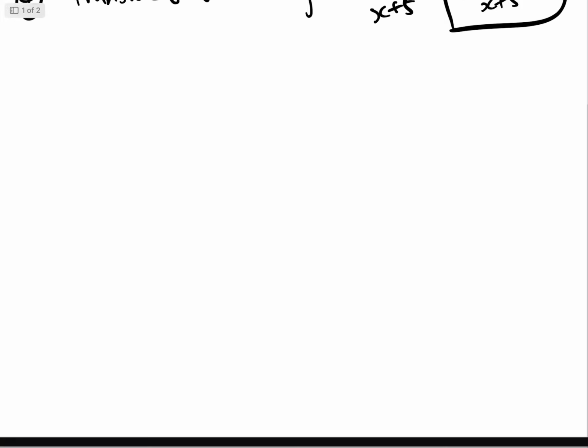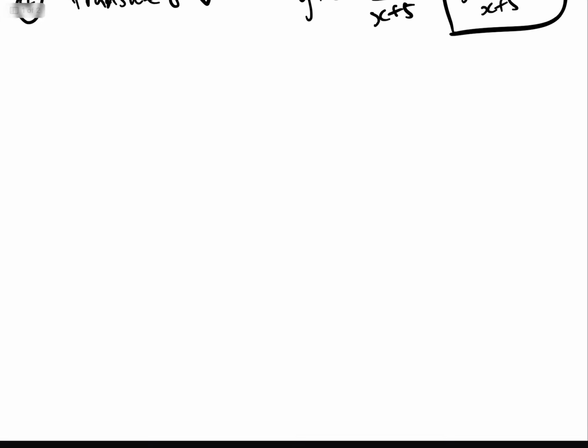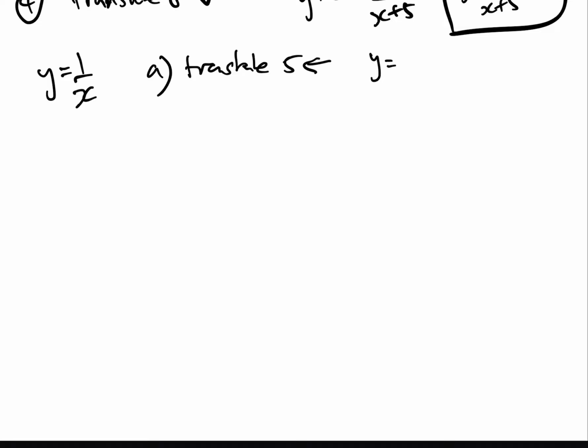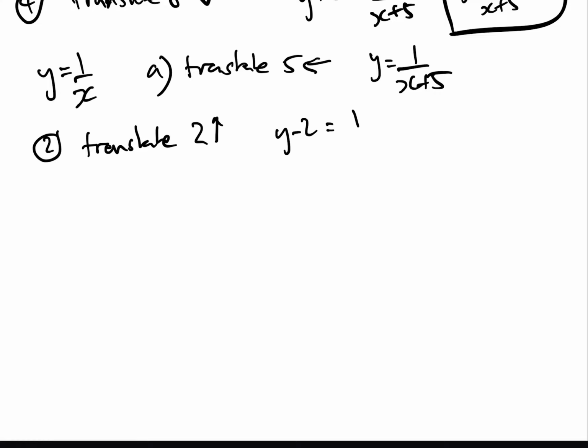So let's have another look here, get a bit of clear space. Let's have a look at method 2. All of these are exactly the same. So y equals 1 over x. First of all, let's translate 5 that way, which means we replace x by x plus 5. So that gives us y equals 1 over (x + 5). Then step 2 would be to translate by 2 upwards, which means that we replace y by y minus 2.